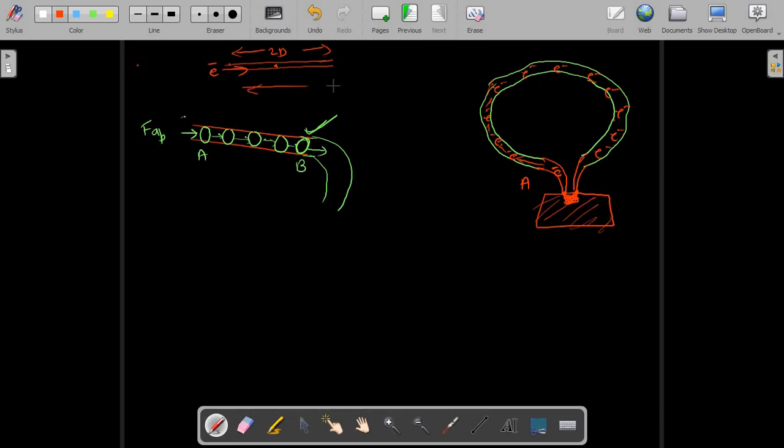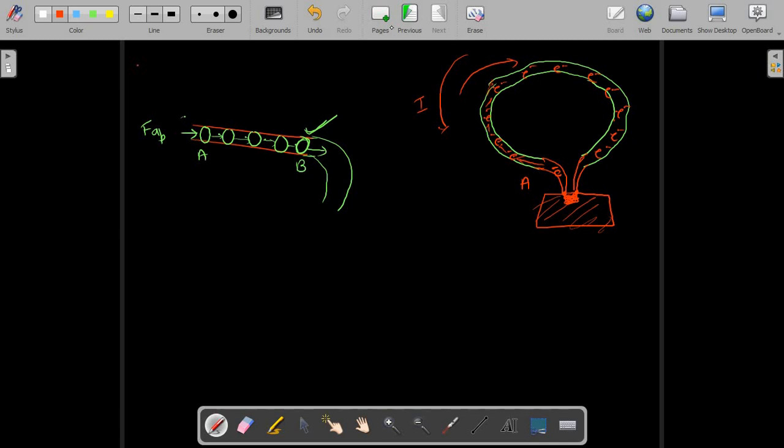Getting my point? This is current, not just one electron, but so many electrons collectively moving together. If the electrons flow in this direction, the current is opposite.